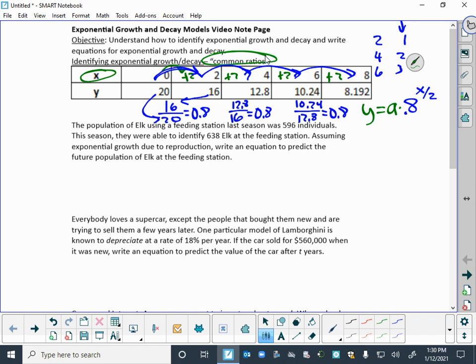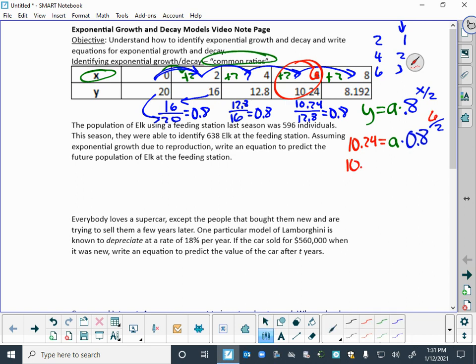And I can pick any point in here. So let's pick, for example, this point. This says when your input is 6, the output should be 10.24. So we'll put 10.24 equals a, and this is the thing that we don't know, times 0.8 raised to the x over 2 power, and my x is 6.